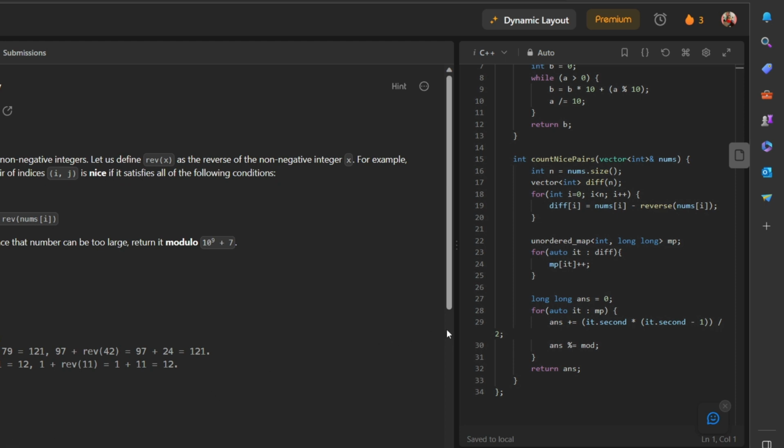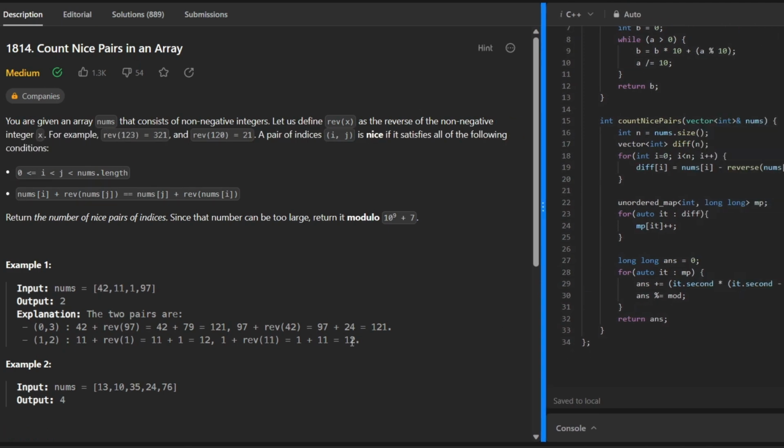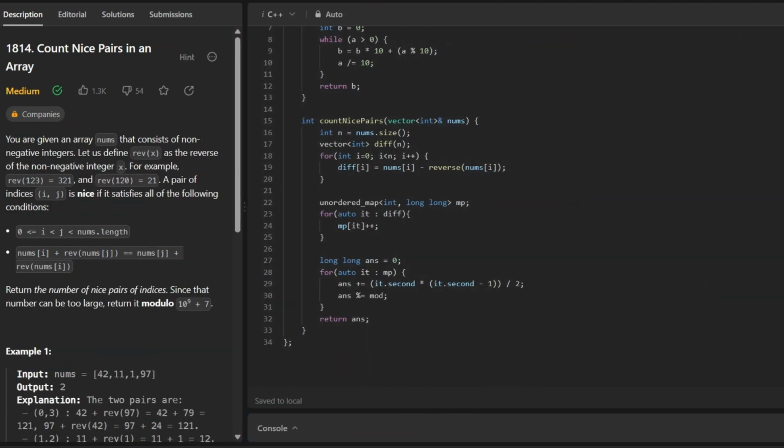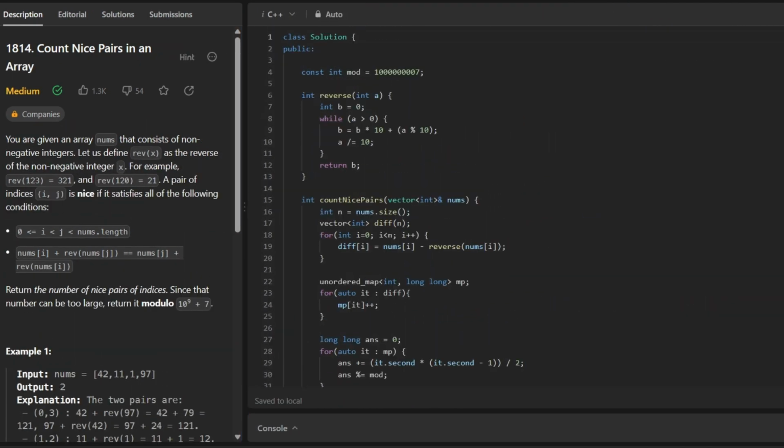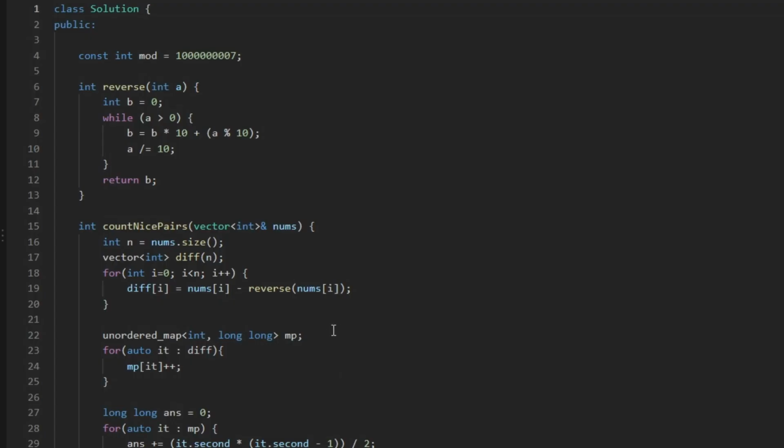Now I will explain the code. I have written the code and submitted it also. Here we have two functions. The first one is the reverse function, where we have the basic reverse logic.